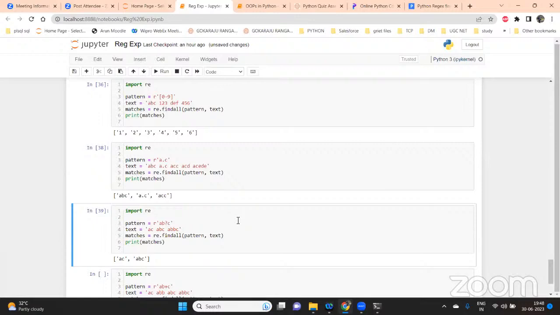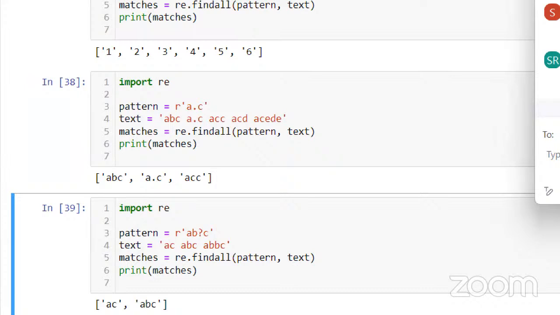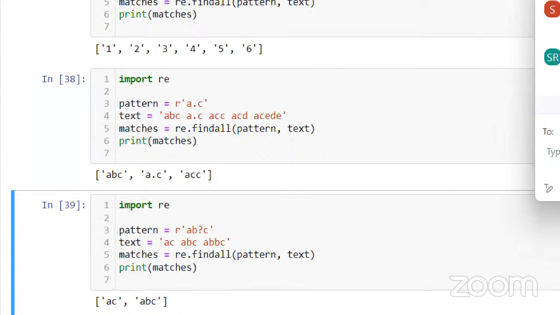Most of you have given the answer, but there is a small mistake. Lokesh Reddy has given the correct answer. Ankit has gone with one mistake here. Okay, a lot of you have given the answer. Satvika in the end. So now you have to understand. Lokesh, Dheeraj, can you explain? Because that is your answer.